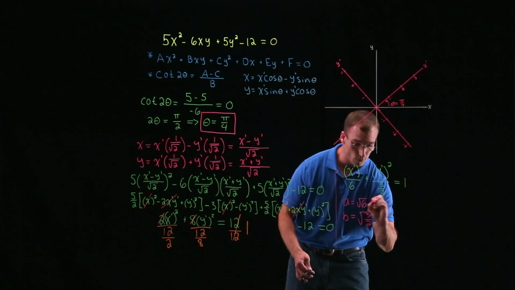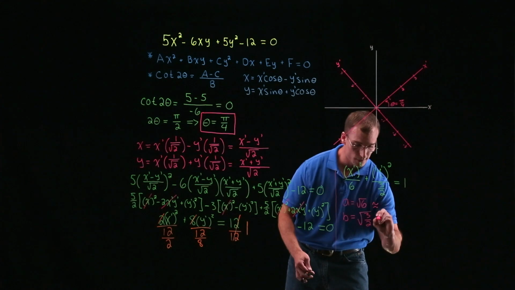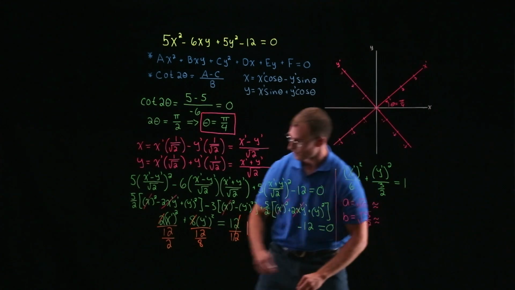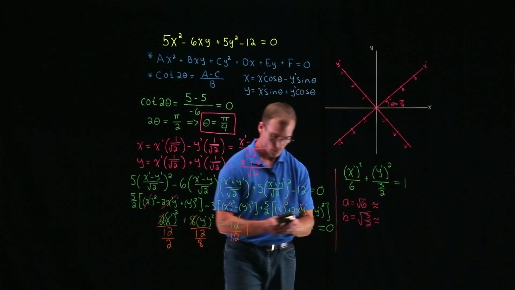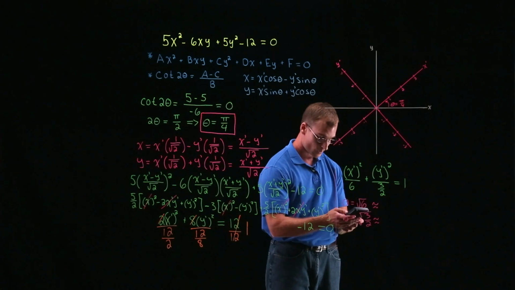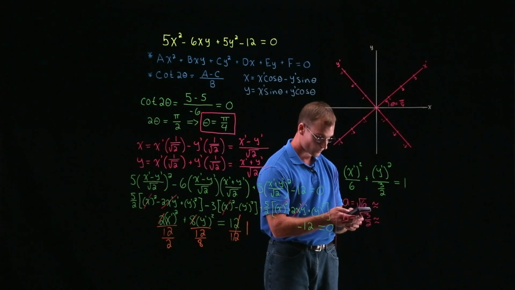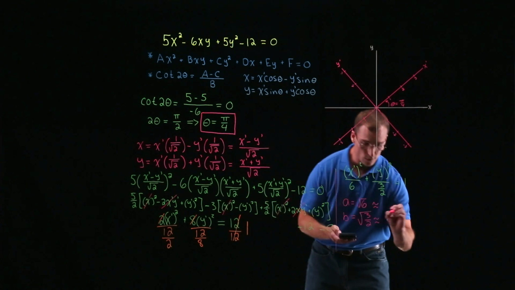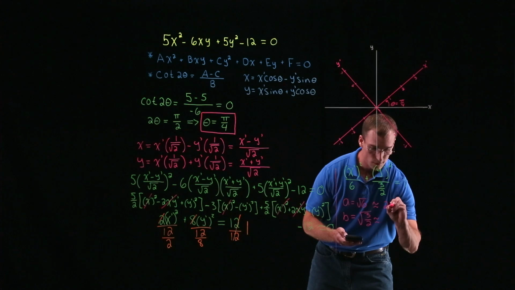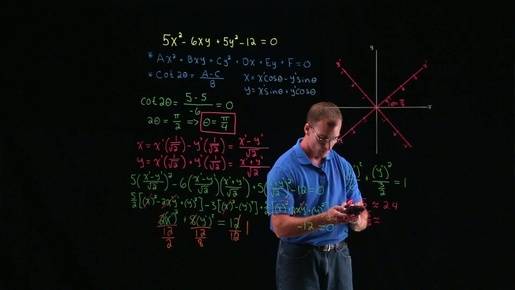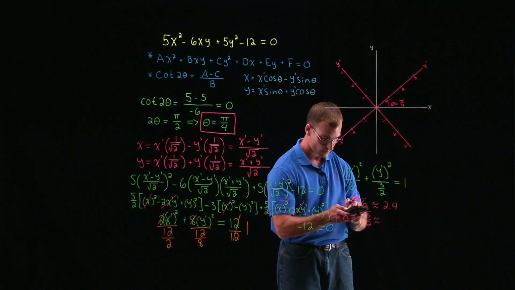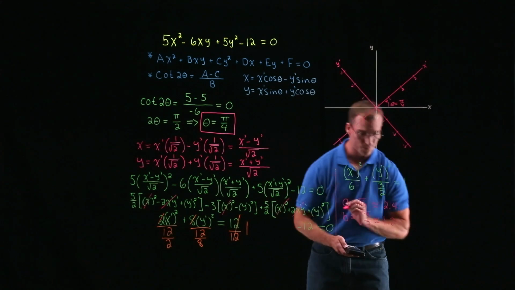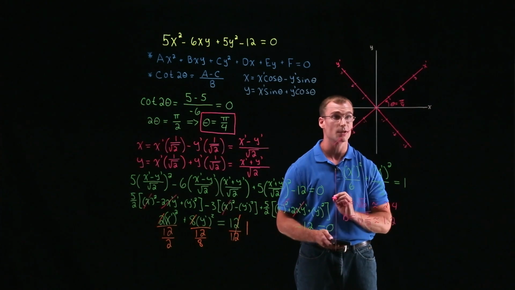To make these in a more usable form, let's find the decimal approximations. Okay, so taking our calculator and just finding what the square root of 6 is. So the square root of 6 is approximately, say, 2.4, and the square root of 3/2 is approximately, say, 1.2. Now we can use this to sketch our ellipse on our axes up here.